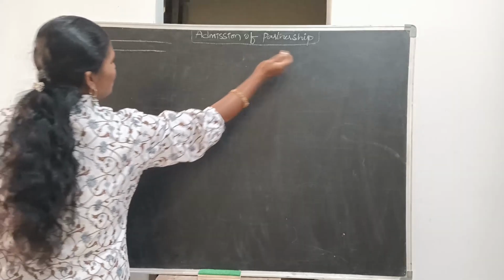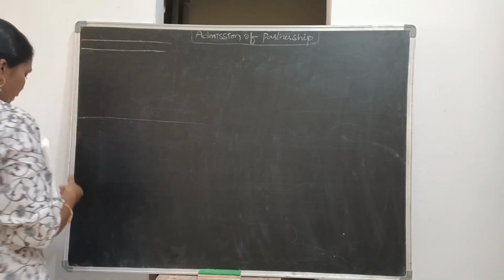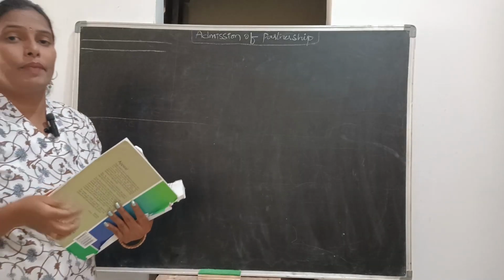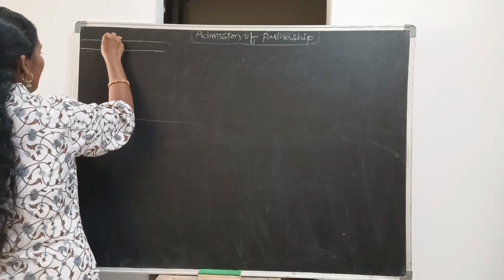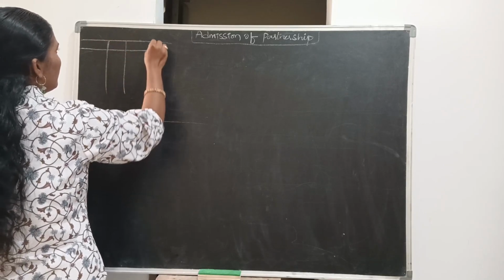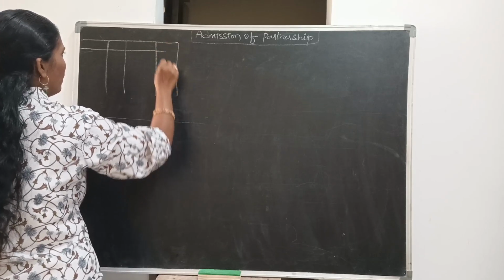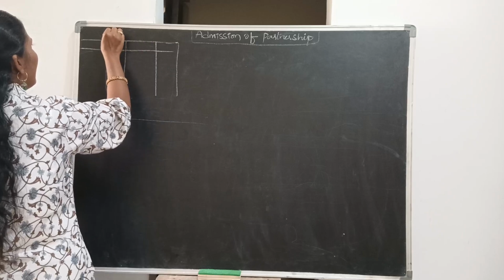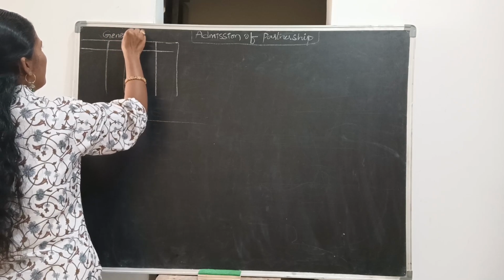We can prepare four accounts here. We are not going to mention the date here. Simply write particulars, amount, particulars, amount. So put the heading: general reserve.